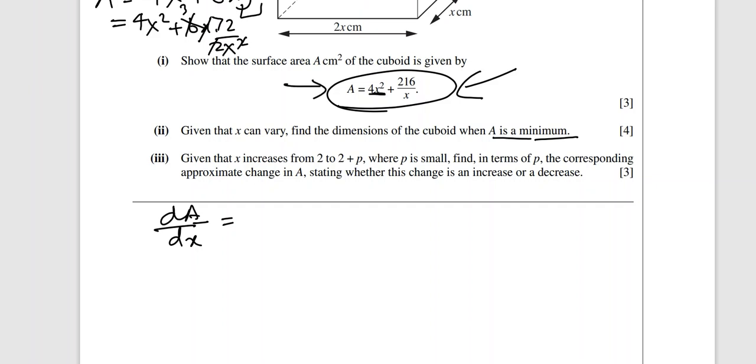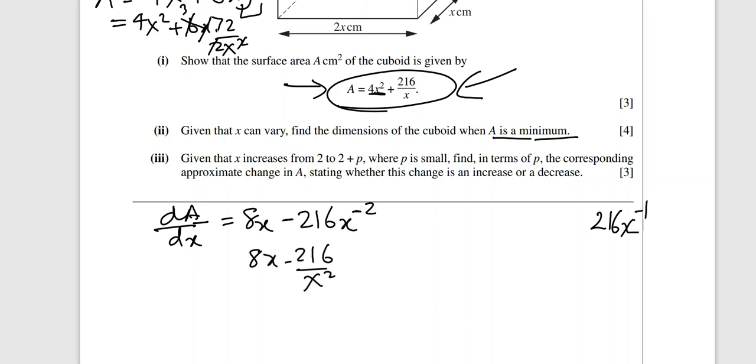So differentiation of 4x square is 8x, and differentiation of 216, write it as 216x to the power minus 1. So it will be minus 216x to the power minus 2, or 8x minus 216 over x square. This has to be equal to 0 for minimum or maximum.